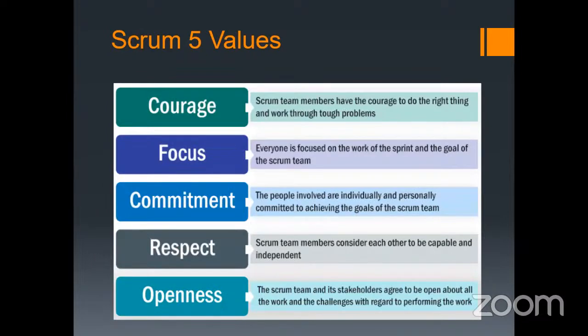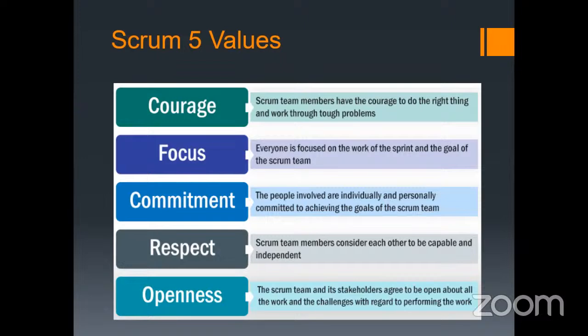There are five Scrum values: courage, focus, commitment, respect, and openness. Courage: Scrum team members have the courage to do the right thing and work through tough problems. Focus means everyone is focused on the work of the sprint and the goal of the Scrum team. Every team member, every individual, must be committed to achieving the goal. Then respect: every team member must respect each other.